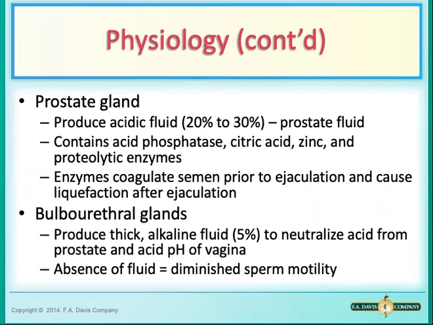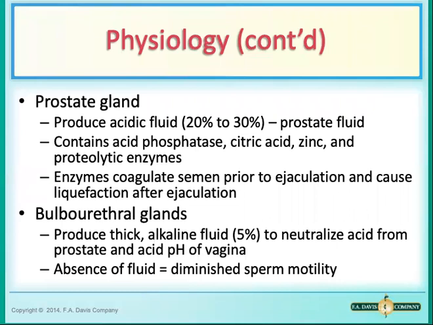Next are the bulbourethral glands. These are located just below the prostate, and they contribute about 5% of the fluid volume in the form of a thick alkaline mucus fluid that helps neutralize acidity from the prostate secretions and the vagina. It is important for semen to be alkaline to neutralize the vaginal acidity that is present as a result of normal bacterial vaginal flora.